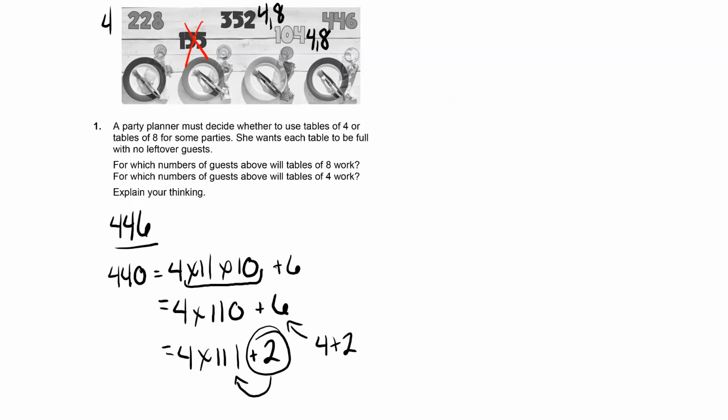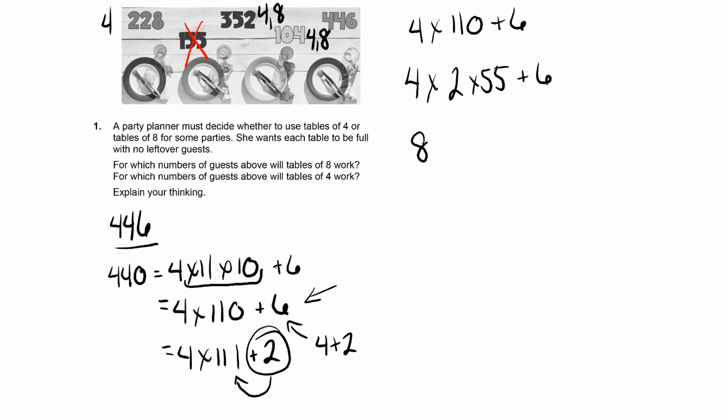Well, but how about 8? So if I back up a little bit, I'm skeptical that if it doesn't work for 4, it's probably not going to work for 8, but you never know. So let's go and check it out. If I back up to this step here, where I had 4 times 110 plus 6, I could break that up into 4 times 2 times 55, because 55 is half of 110.